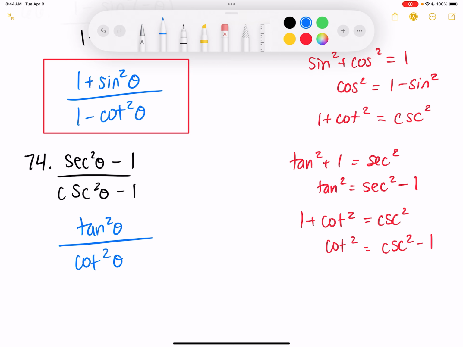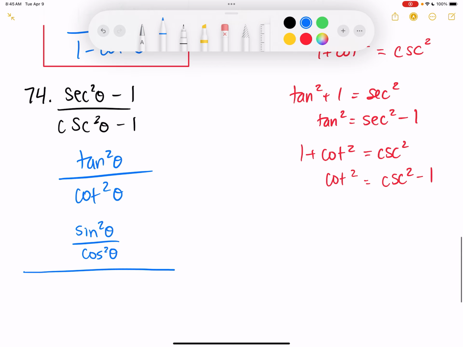In terms of sine and cosine. Sine over cosine, so this will be sine squared theta over cosine squared theta all over, how can I rewrite cotangent squared in terms of sine and cosine? Cosine over sine.